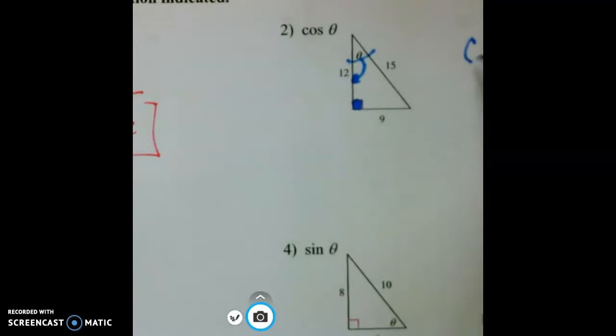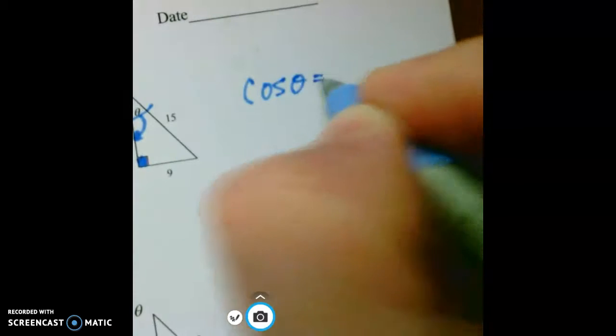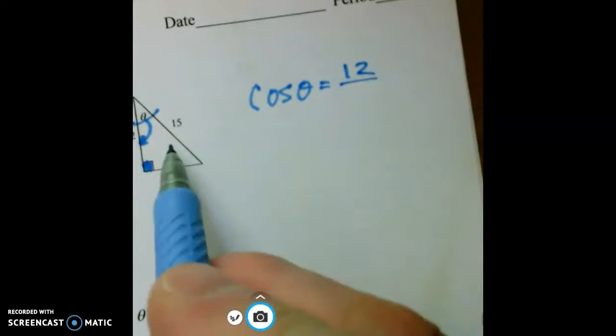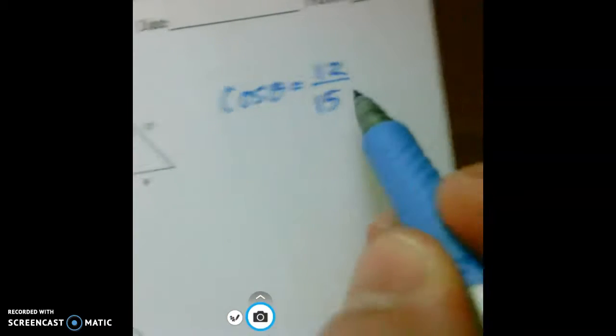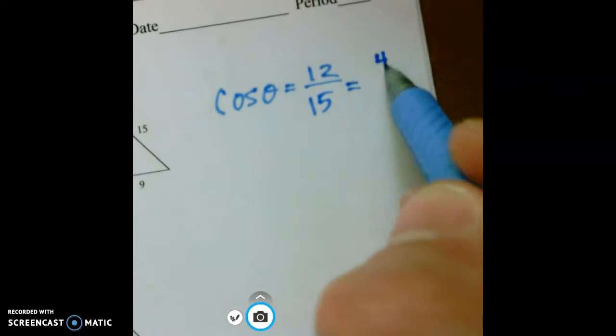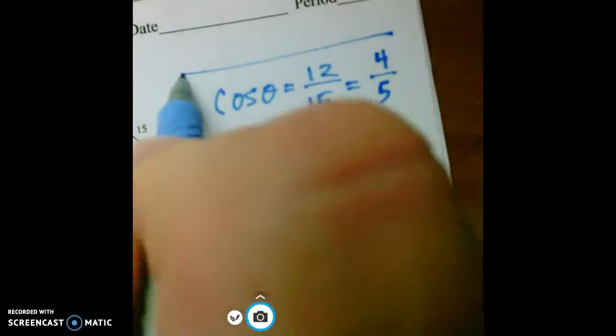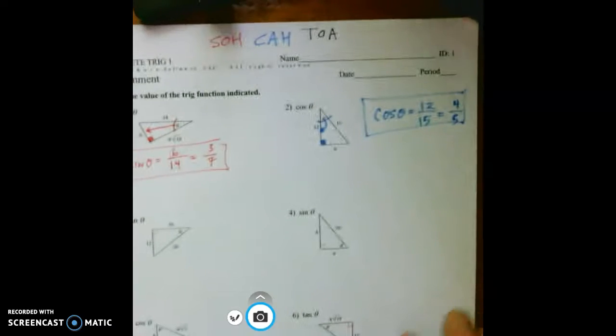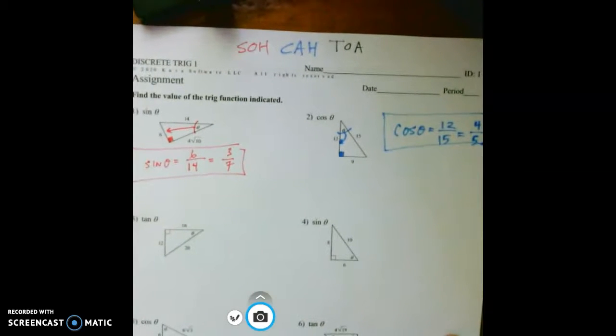So cosine of theta is equal to the adjacent side, 12, divided by my hypotenuse, 15. And once again, I can reduce if I want. This becomes 4/5. But I don't have to at all. Okay? And that is my 2 worked examples for the sine and cosine.